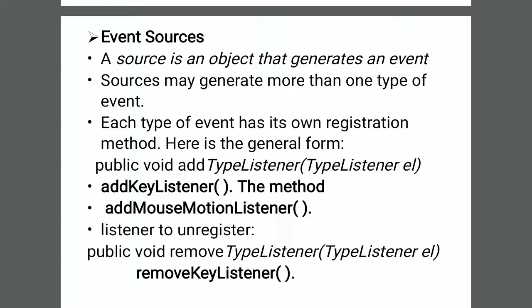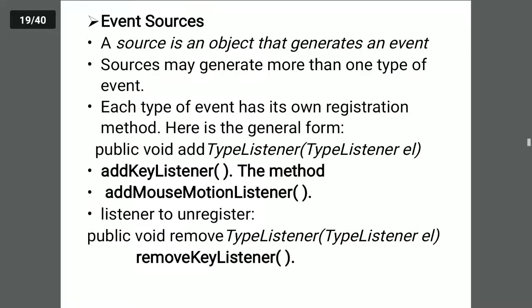That indicates that when a particular event is generated, it must be notified. For this notification, we need to register that event. So, the general form is: public void add Type Listener.